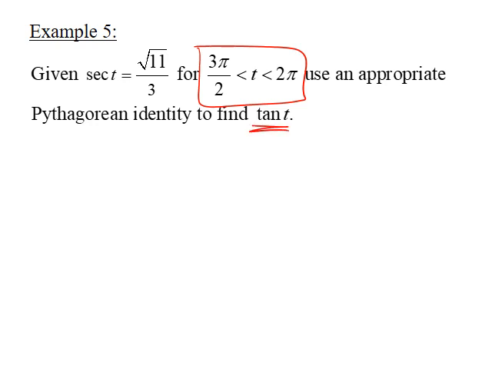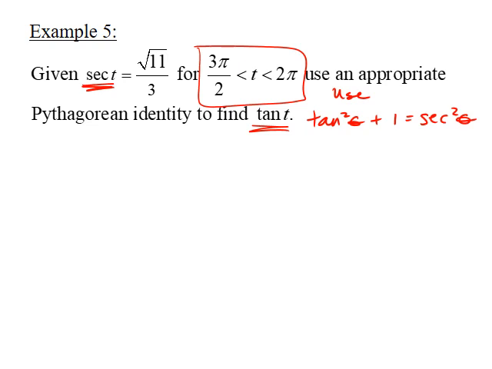There is a lot going on, but let's just take some baby steps. Now, we know that secant of t is the square root of 11 over 3, and we want to find tangent. So if we're given information regarding secant and we want to find tangent, we're going to want to use tangent squared plus 1 is equal to secant squared.